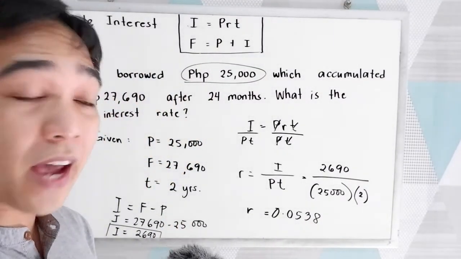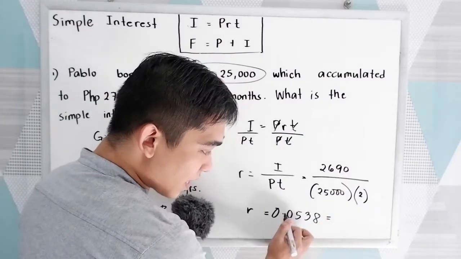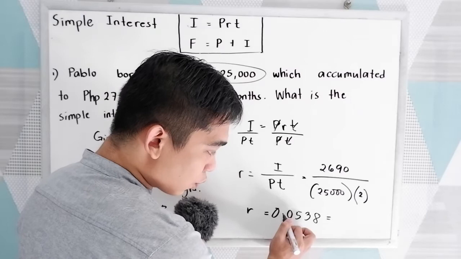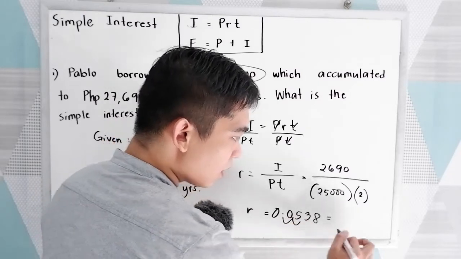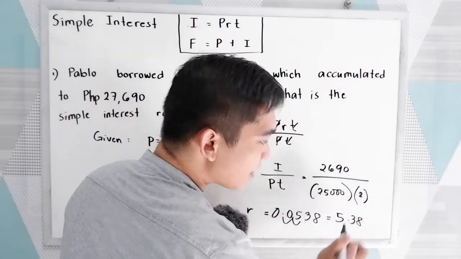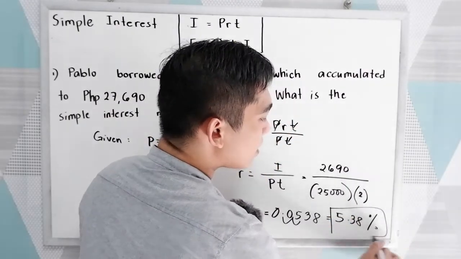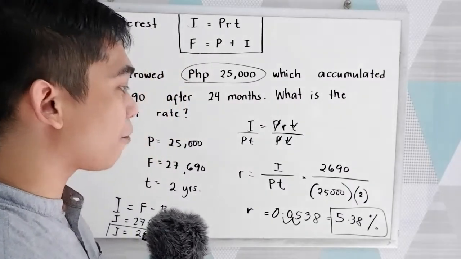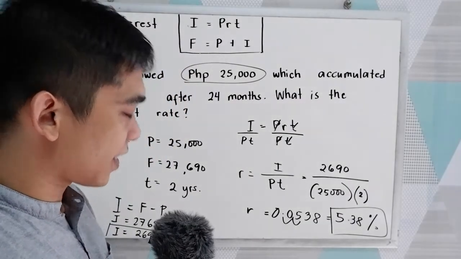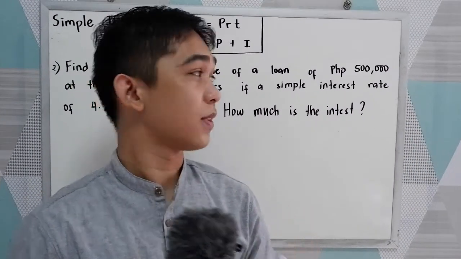If we're going to write it in percent form, just move the decimal point to the right twice, 1, 2, that is 5.38, then write the percent sign. So the interest rate is 5.38%. Now let us proceed to our example number 2.